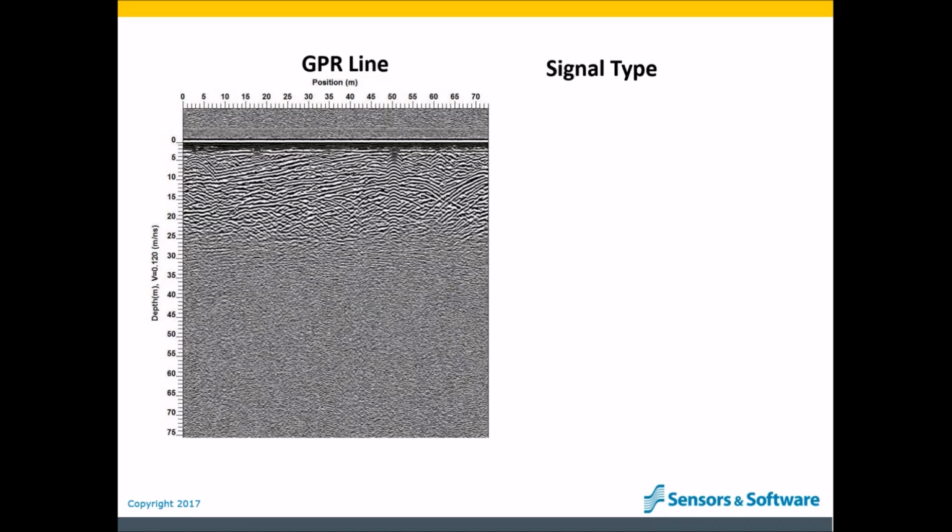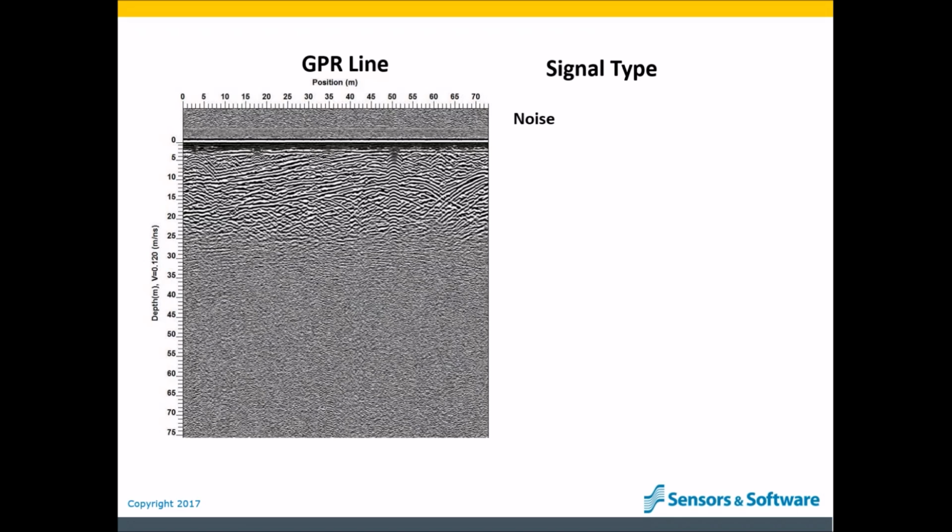Now, I'm not sure what other GPR manufacturers do, but Sensors and Software systems always turn the GPR receiver on a few nanoseconds before the transmitter fires. This allows us to record the background radio frequency noise in the area. We call this RF noise for short.